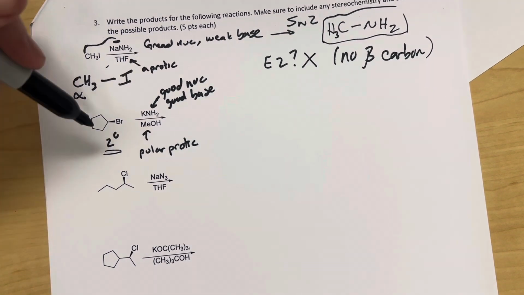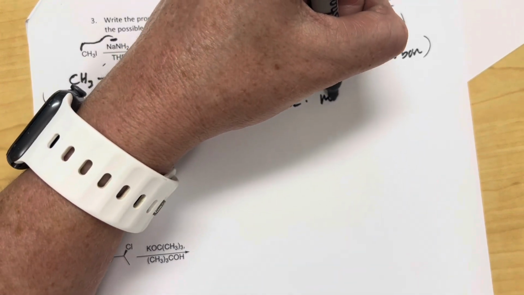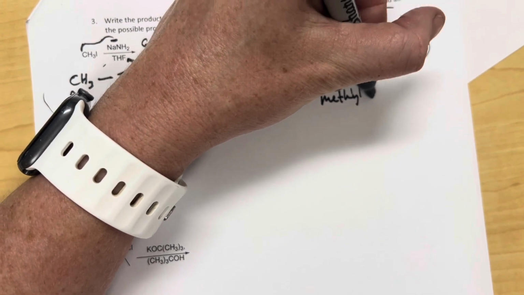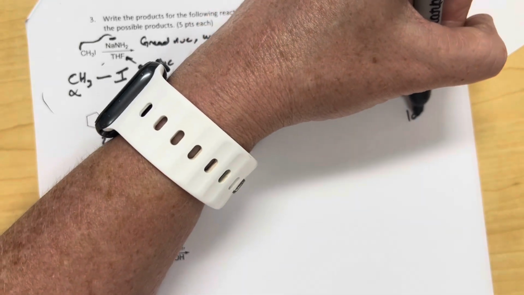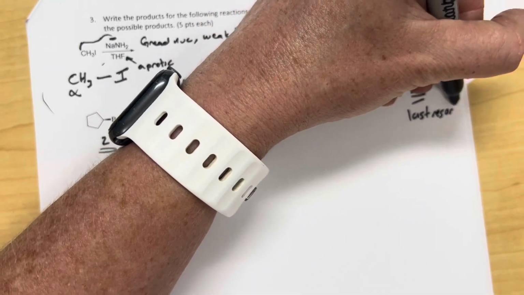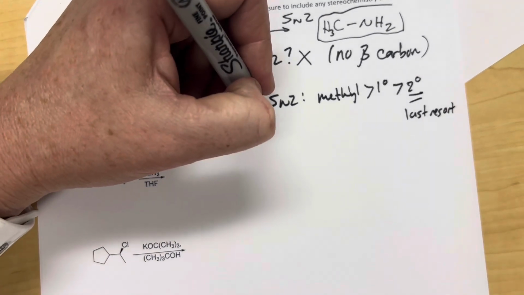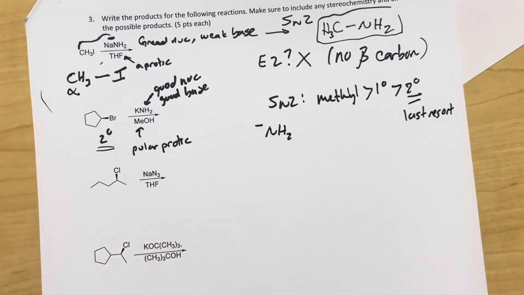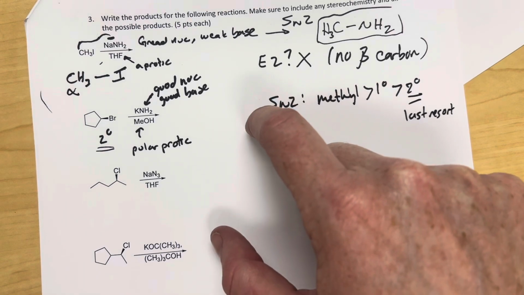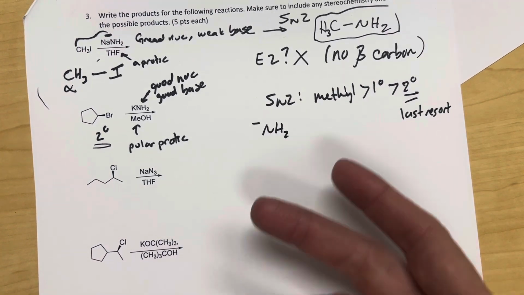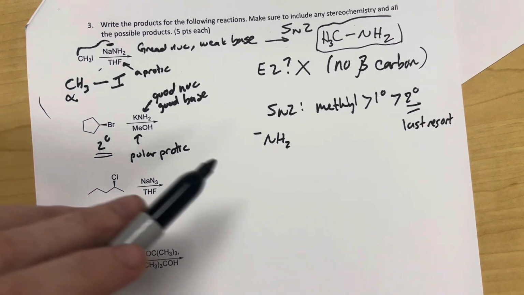Anytime you have secondary, you already know that if it's SN2, we know that it prefers methyl is greater than primary, which is greater than secondary, and tertiary won't happen. So this is like a last resort for SN2. It will do it if it has a great nucleophile. But here we have NH2, which is a fantastic base. It's looking forward to grabbing an H, and then it'll be NH3, which we know is also a base. So it even has a whole hydrogen to go. This is a great base.